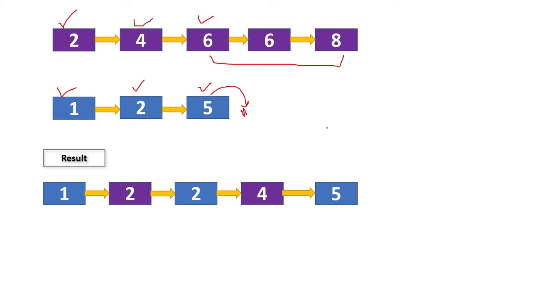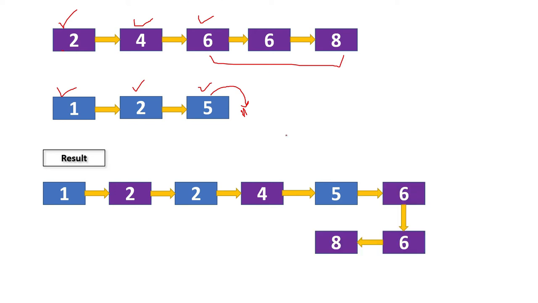So if any one of them is null, we can take the last part of the other linked list from that point. So 6, 6, 8 we can attach to the result. So this is the solution to this problem. Now we'll jump into the coding and see this.